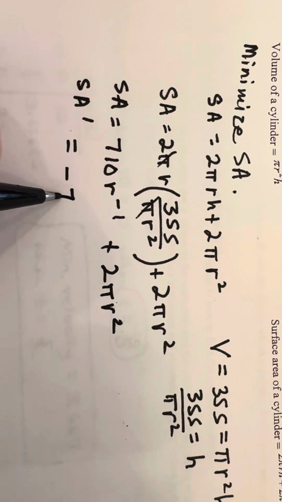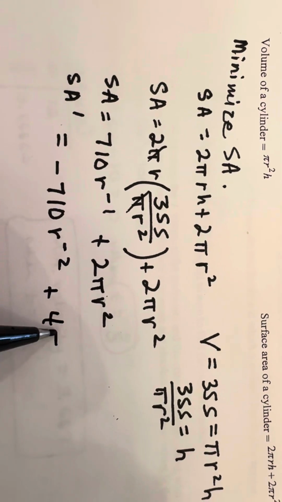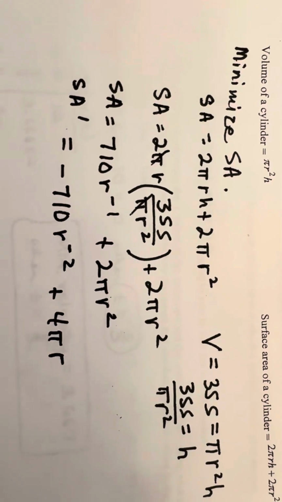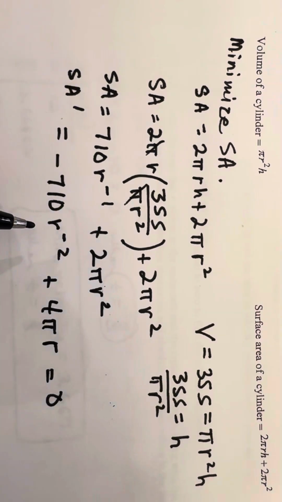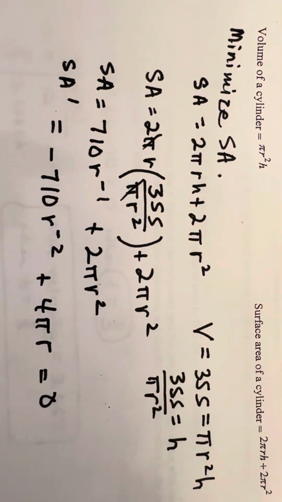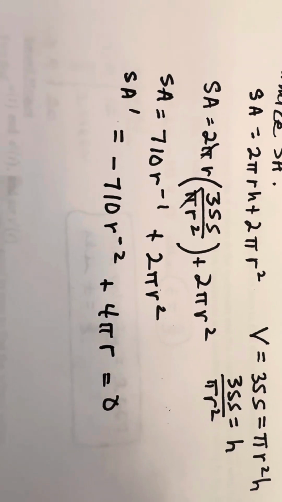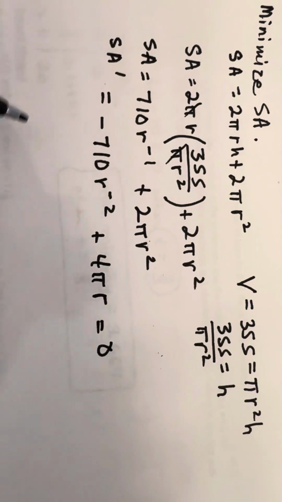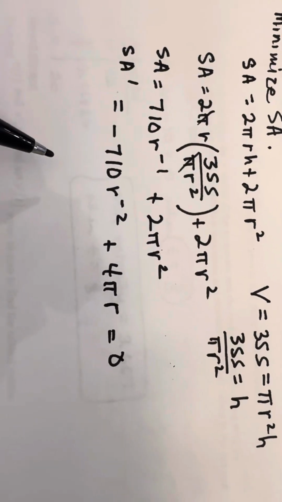And I'll get -710 r to the -2 plus 4 pi r. I'm going to set that equal to 0. Keep in mind here that r cannot be equal to 0 for my answer. It would be a critical number, but we're doing that open interval thing anyway. So we're thinking about the surface area, so we can't have negatives.